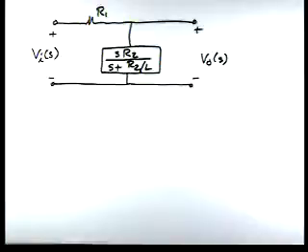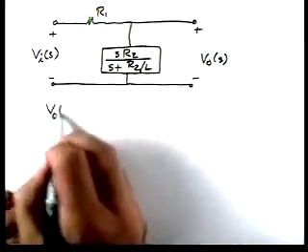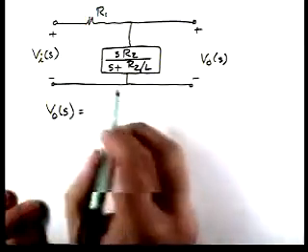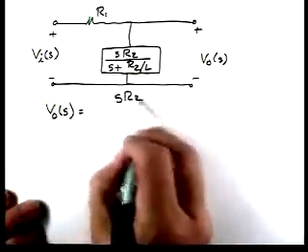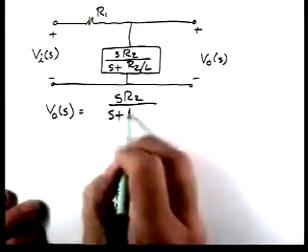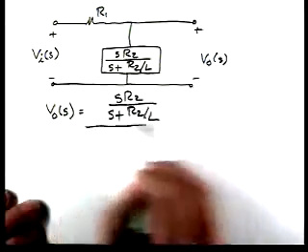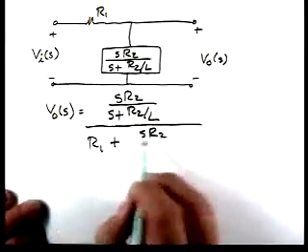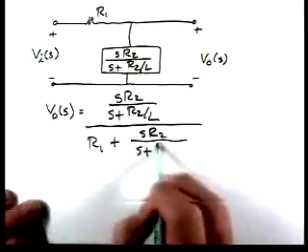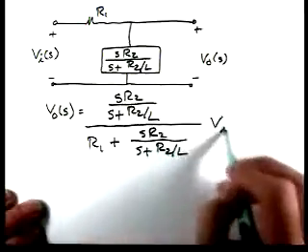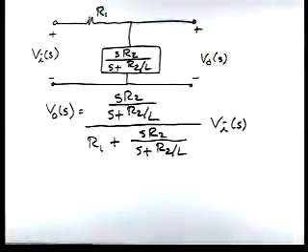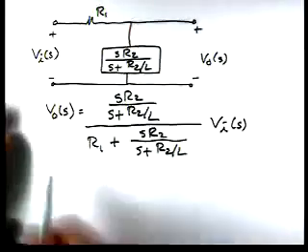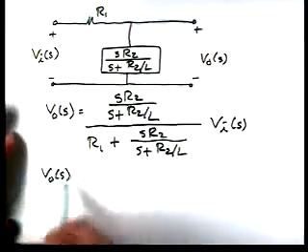So now, using voltage division, V0 can be written in terms of Vi, so we have SR2 over S plus R2 over L divided by R1 plus SR2 over S plus R2 over L times Vi. So now we can get that from voltage division, and we can get it into the transfer function form simply by dividing through by Vi.